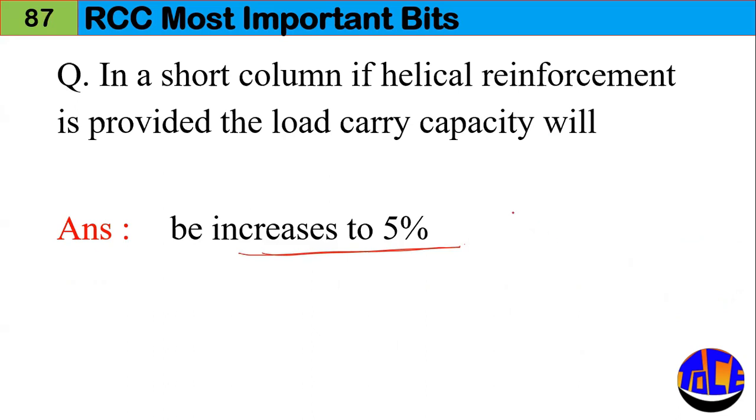That's the reason the Pu for helical reinforcement will be equal to 1.05 times Pu of the lateral ties column. So this is helical, and this is lateral ties.